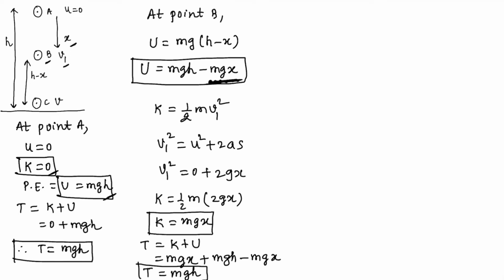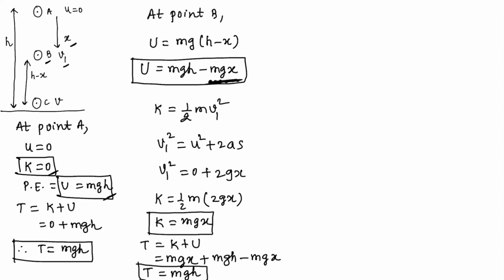So total energy at point A was mgh, total energy at point B still remains mgh, and whatever is the decrement in the potential energy, mgx, the same is the gain in the kinetic energy, mgx.